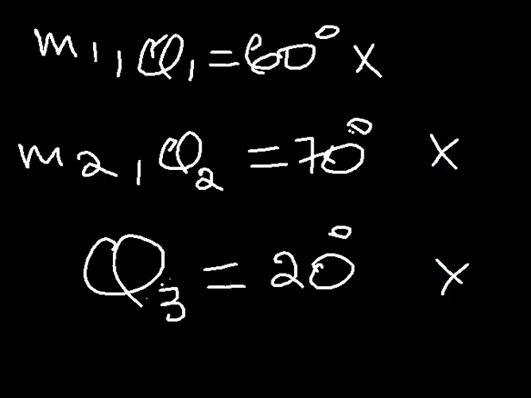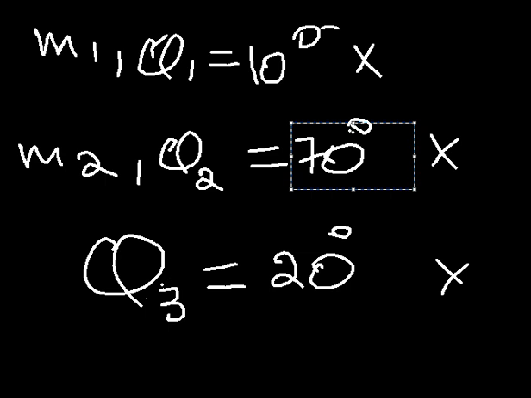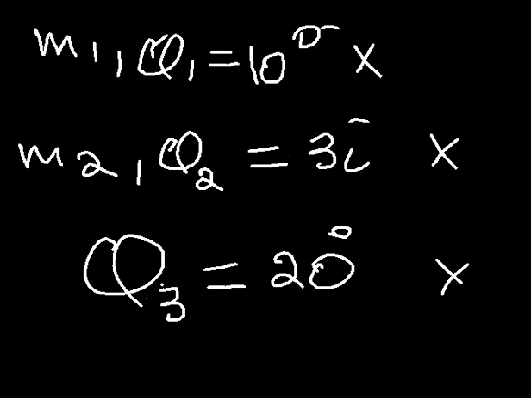And how about if we have the object, let's say m1, moving at an angle of, let's say, 10 degrees with respect to x. Object 2 is moving at an angle of, let's say, 30 with respect to the y-axis.